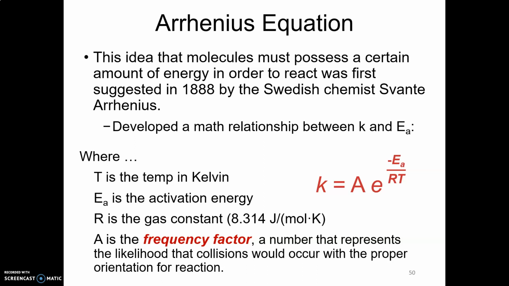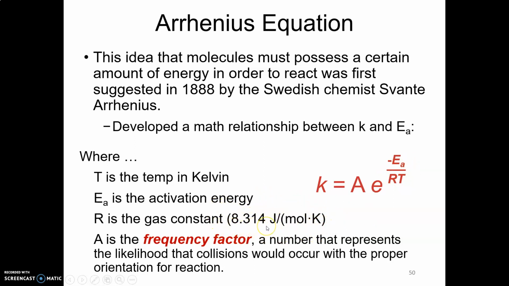Low frequency factor means not a lot of successful collisions. And then this e is not necessarily just the letter e, it's the inverse natural log, the opposite of a natural log, so e to the negative activation energy divided by R and divided by T. But this is not the R that you've seen before.